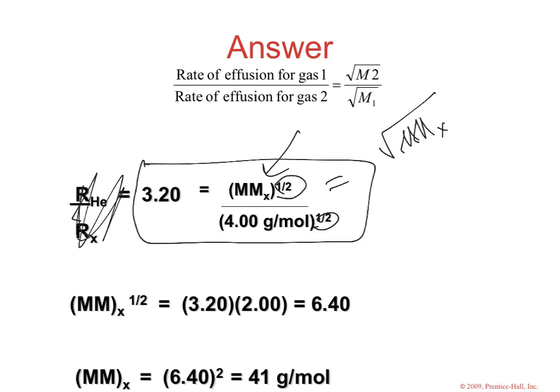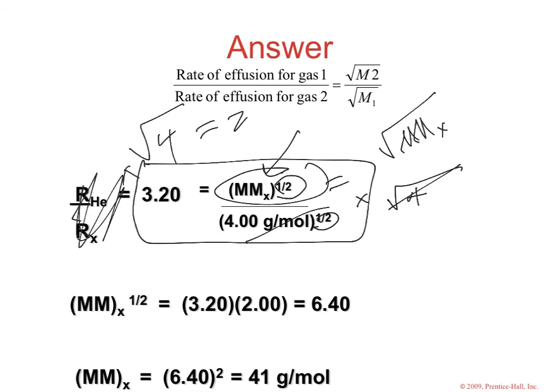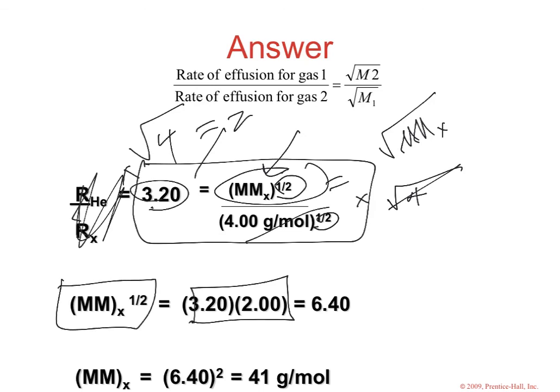So we want to solve for the molar mass, so we're going to multiply both sides by the square root of 4. That'll cancel. Square root of 4 we know is 2. So now we have 3.2 times 2 equals square root of the molar mass of the unknown gas.